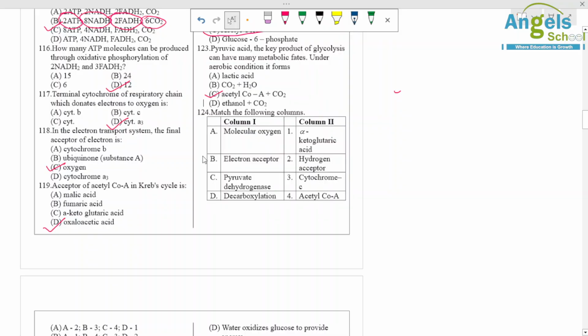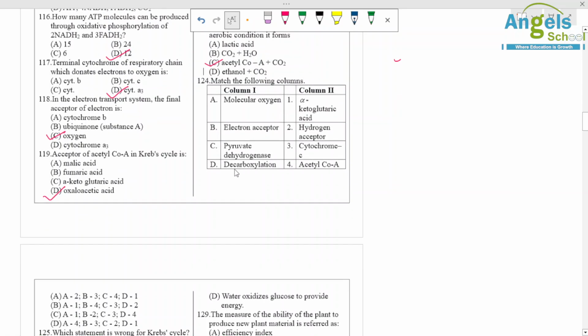Question number 124. Match the following. Okay, molecular oxygen, electron acceptor, pyruvate dehydrogenase and decarboxylation. ओके, कॉलम 2 में मैच करते जाते हैं. तो मॉलिकुलर ऑक्सीजन इज हाइड्रोजन एक्सेप्टर, मतलब 1 इज मैच्ड विथ 2. इलेक्ट्रॉन एक्सेप्टर इज साइटोक्रोम C, B is matched with 3.